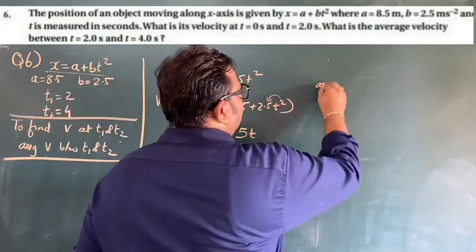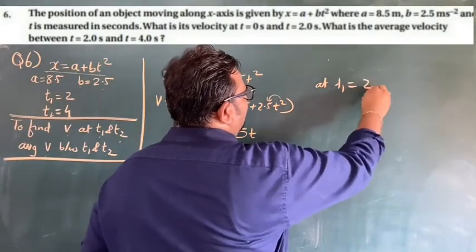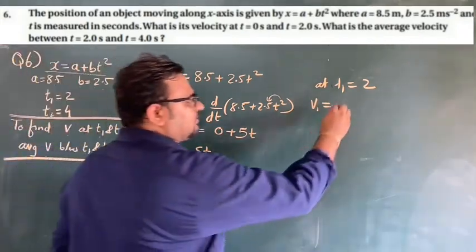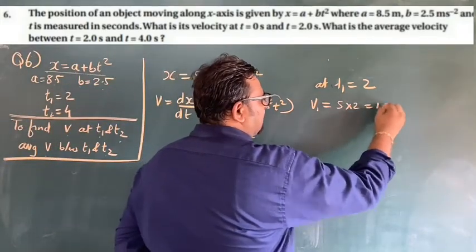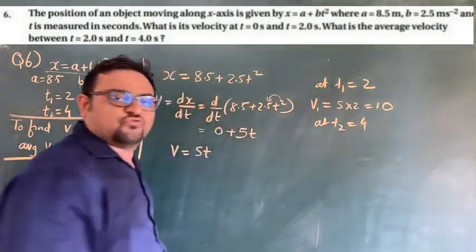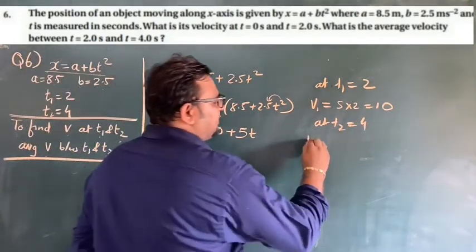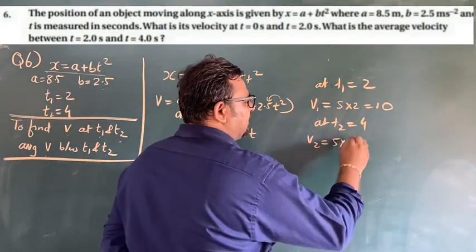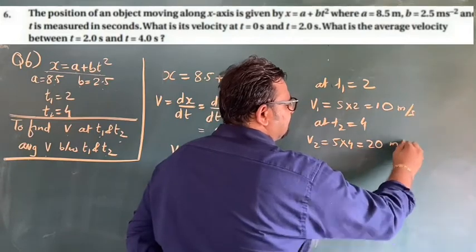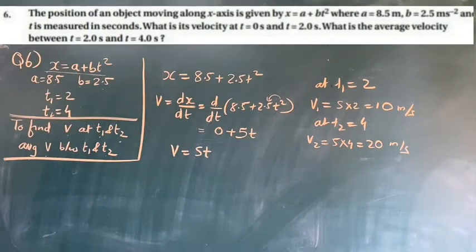Now at t1 equal to 2, v1 will be equal to 5 into 2, that is equal to 10. And at t2 equal to 4, v2 will be equal to 5 into 4, that is equal to 20 meter per second.